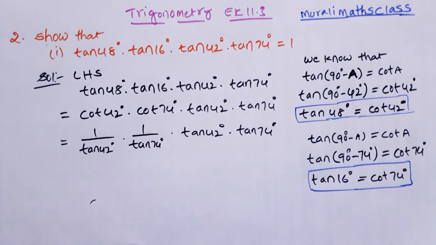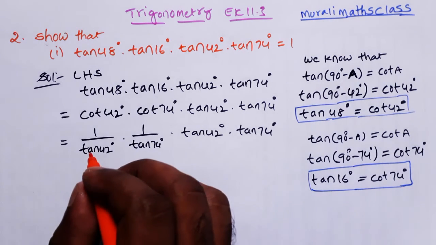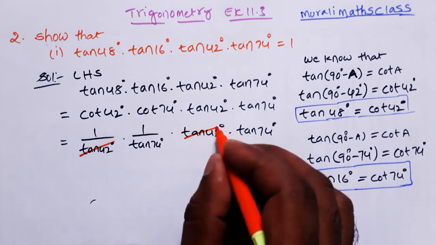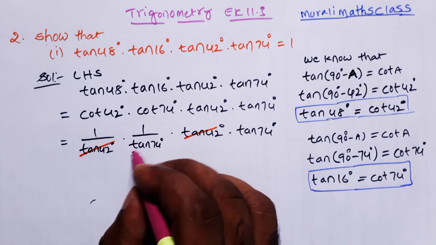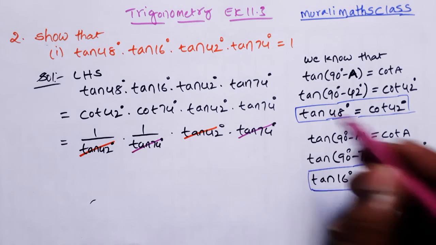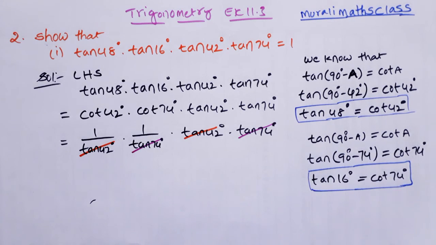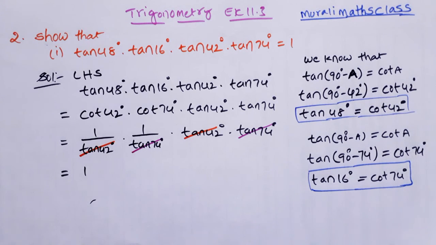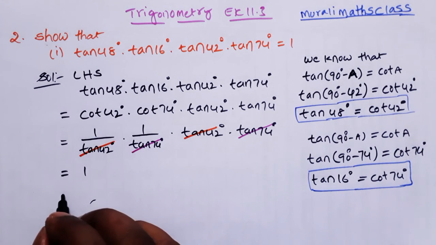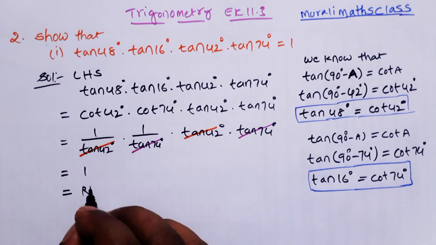Now we can cancel this tan 42. Next we can cancel tan 74. So remaining will be what? Remaining will be 1. That's it. That is equals to RHS.